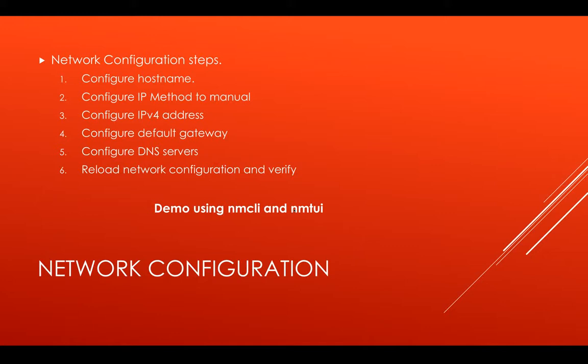For that we can use 2 tools: nmcli and nmtui. For those of you who already took the RHCE exam, you should be very familiar with these 2 tools. But we'll go through them and talk about the tools anyway, and make sure that you have everything you need for this demo.